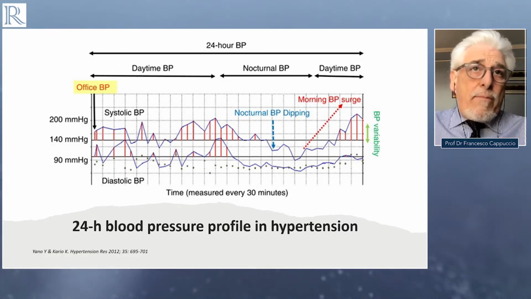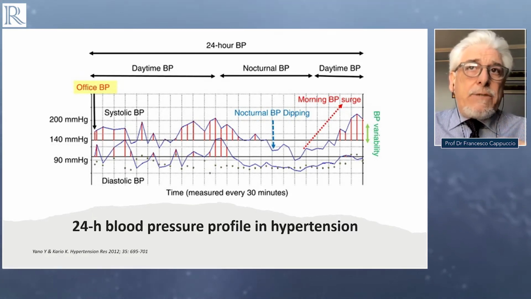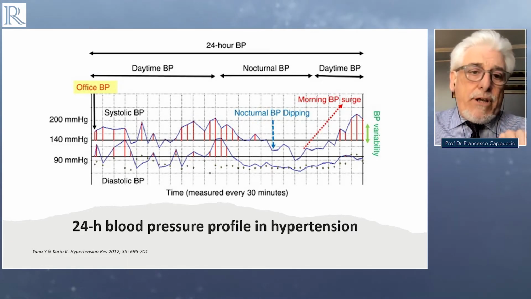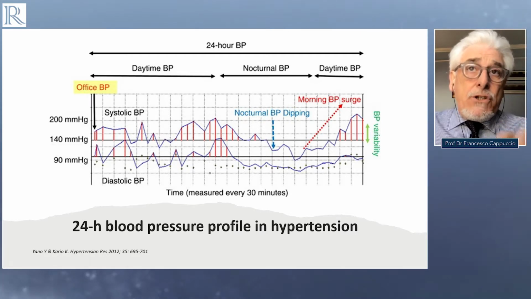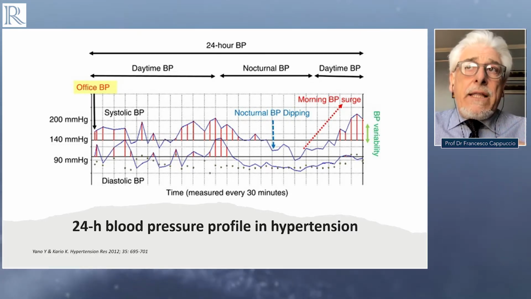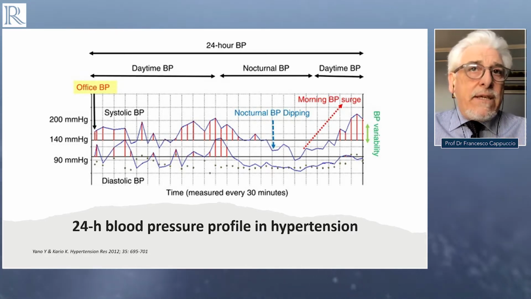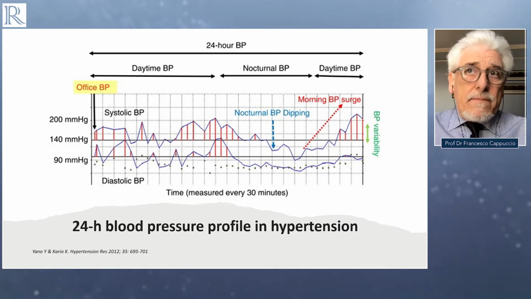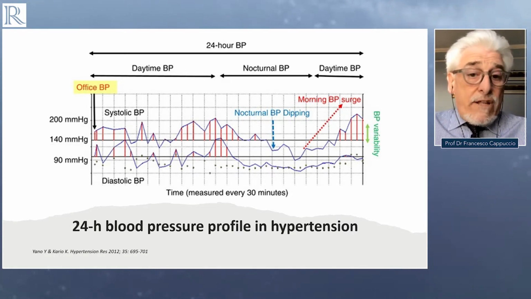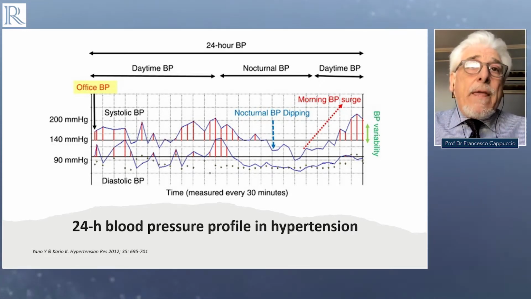Whether it's a normal or hypertensive patient, we would usually expect to detect a nocturnal dip in the blood pressure. This nocturnal fall in blood pressure is usually attributed to a decline in the sympathetic nervous system activity, which is associated with sleep, rest, and supine position. Indeed, heart rate also falls at night, as we probably know. However, we do not always find this nocturnal pattern.